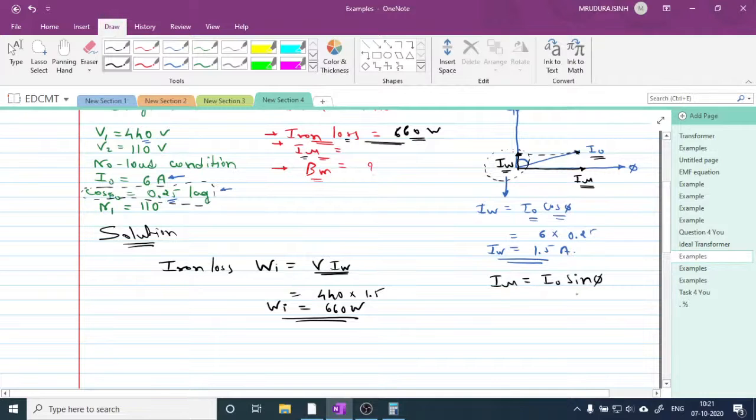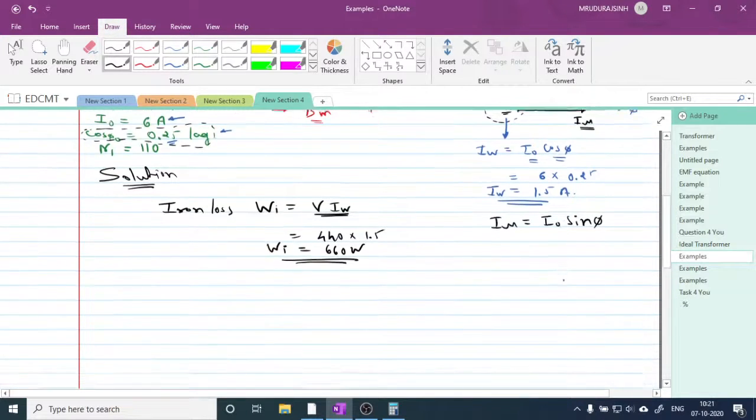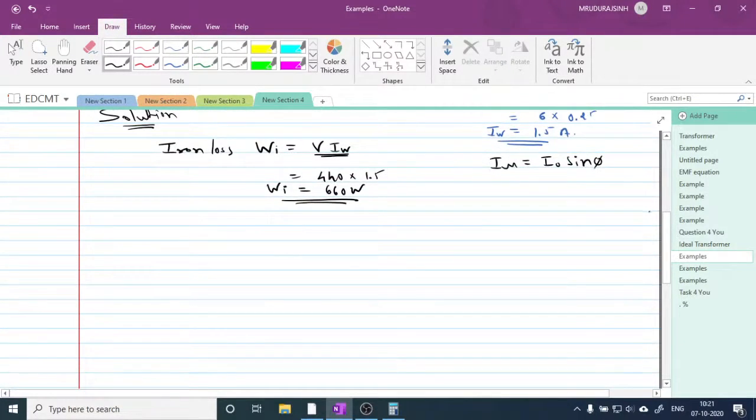Now from where this comes, if you don't know, then in short I am describing that this is our I0, this one is IW, and this one is I mu.